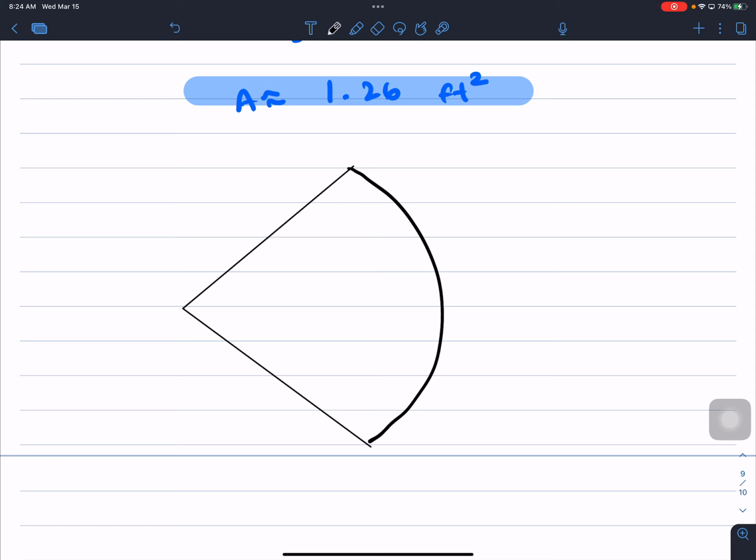So if they say this is 1.5 radians, and this is now 10 centimeters, they want to know the area of the sector, right? 1/2 r squared theta.